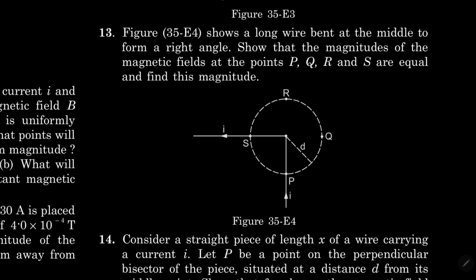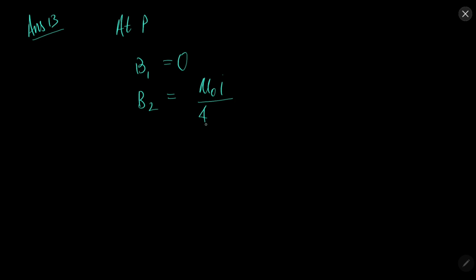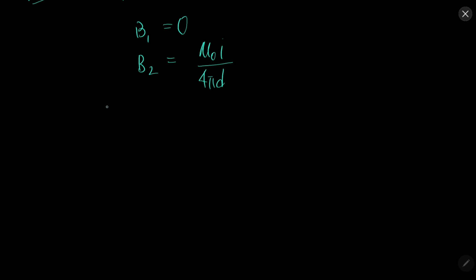In question 13, show that the magnitude of magnetic fields at P, Q, R, S are equal and find the magnitude. Solution 13. At P, the field due to 1 will be 0 and the field due to 2 will be mu naught I over 4 pi d.